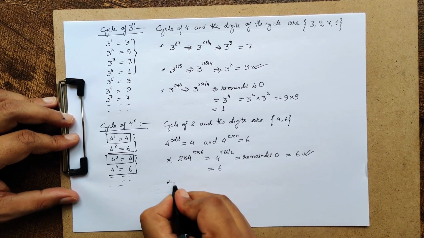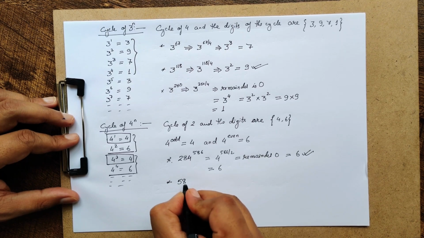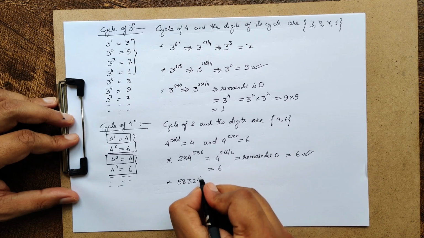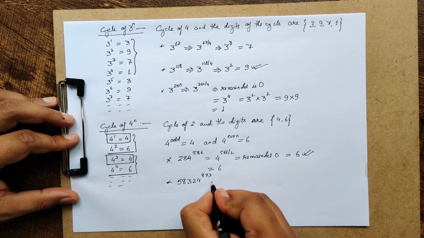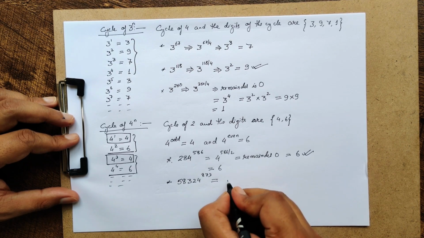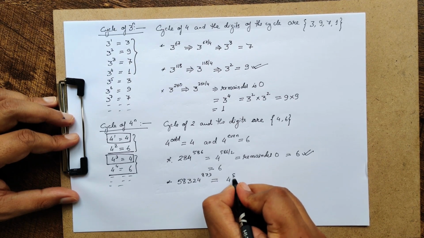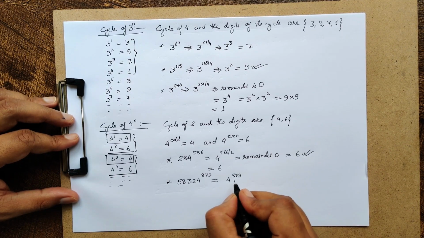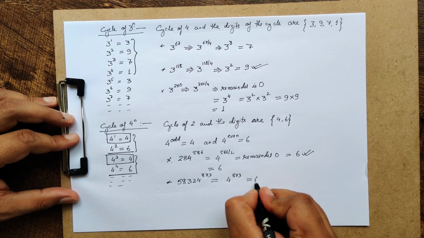Say another question: 5832 to the power 873. What will be the value of this expression at its unit place? So we can write it as 4 to the power 873. Now the power is odd, so 4 to the power odd is always 4.